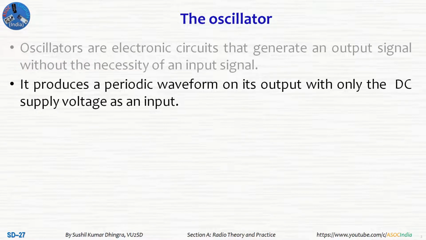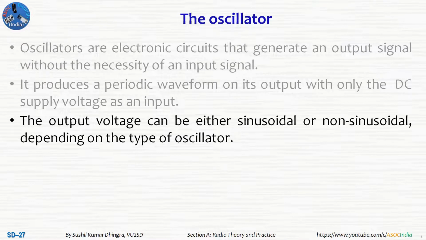First I want to tell you this oscillator produces a periodic waveform on its output with only the DC supply voltage as an input. This output voltage can be either sinusoidal or non-sinusoidal.